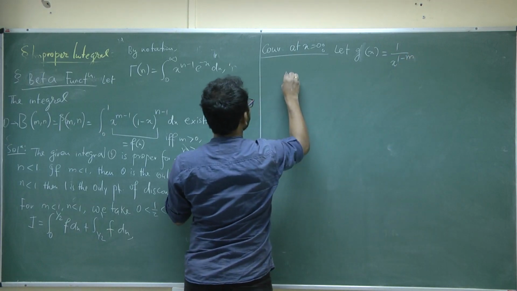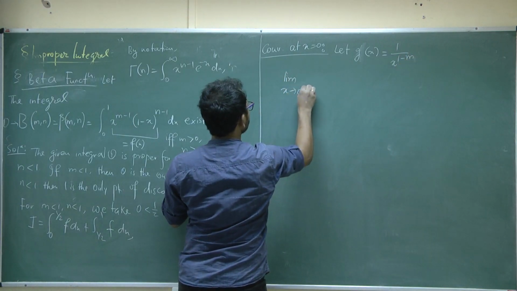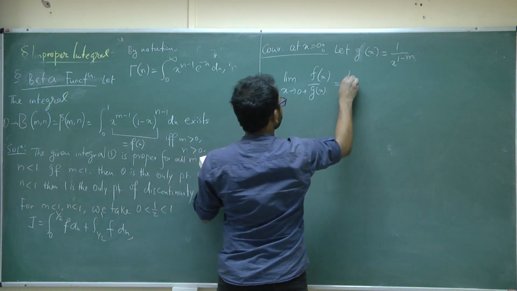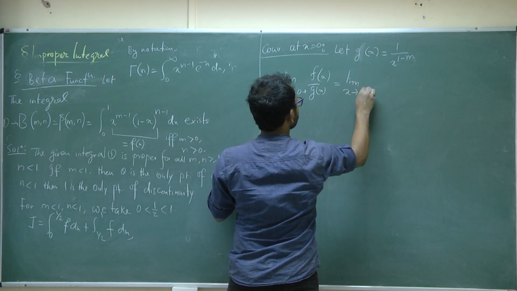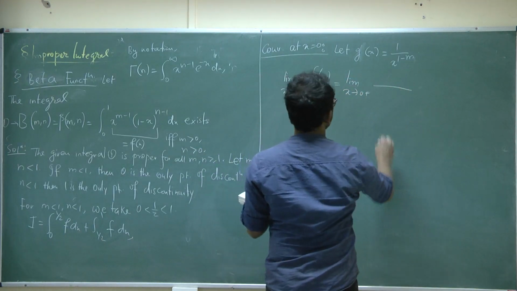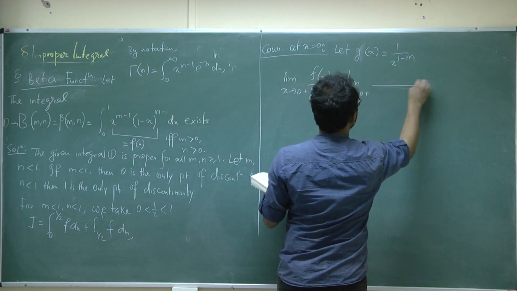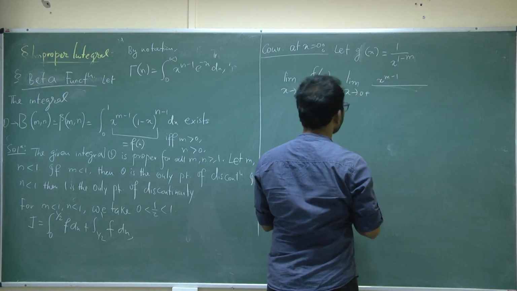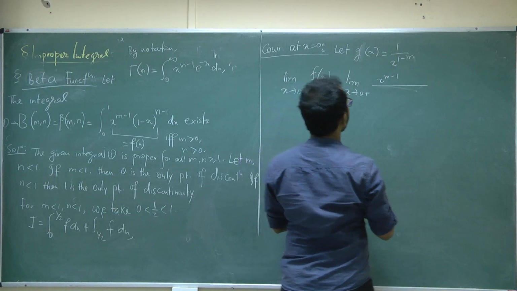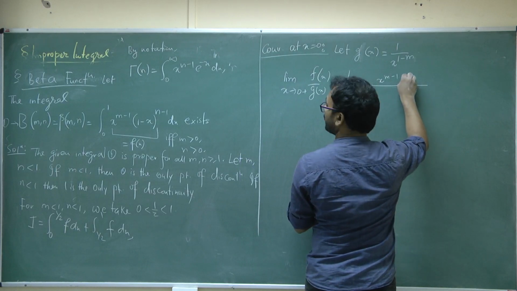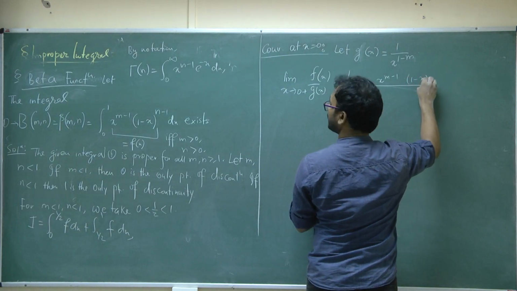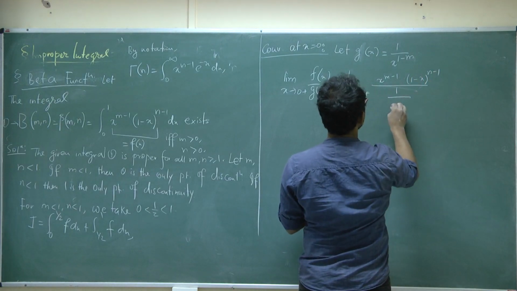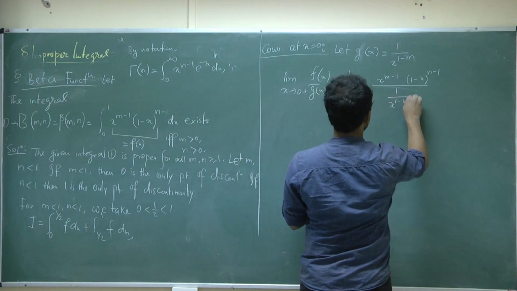So, then we can evaluate the limit x tending towards 0 positive, f(x) by g(x), and this will be limit x tending towards 0 positive, f(x) is x to the power m minus 1 times (1 minus x) to the power n minus 1 divided by 1 by x to the power 1 minus m.